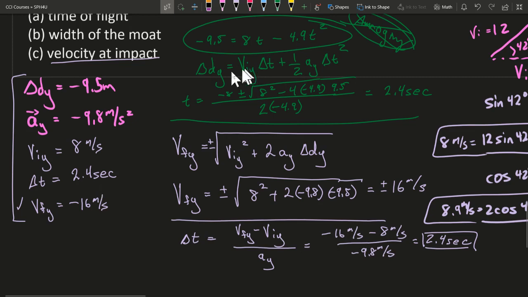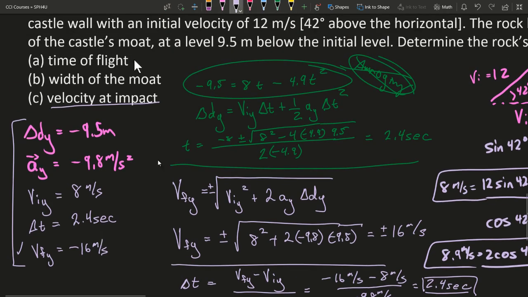Whereas up here, I had to plug everything in, pass something over, not mess up my negative signs, take my A's, B's, and C's, plug them into the quadratic formula, and then calculate two answers, one of which is going to be negative and I throw it out, and the other is positive and is the correct answer. So you can do it the green way, but this light purplish way is a little bit more user-friendly. Anyway, 2.4 is my flight time.